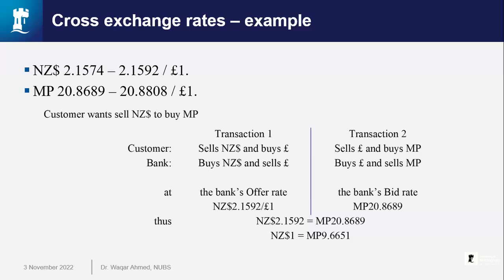That's the first transaction. Then once you have the pounds, you sell pounds to buy the Mexican pesos, and the dealer will buy it at the bid price. So you can see in this case, the dealer makes money on both transactions.